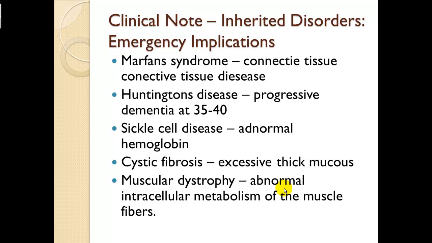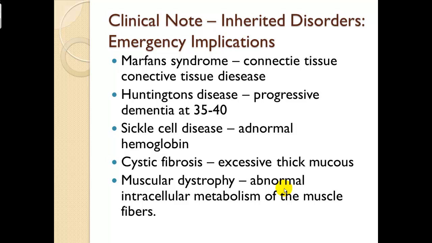Clinical note, inherited disorders, emergency implications, and these are some of the things that we can actually inherit. Genetic malformations. Marfan syndrome, which is a connective tissue disorder. Pretty sure that Abraham Lincoln had Marfan syndrome. Arms are longer than they are tall. So if you see somebody whose arms are dragging down around their knees, they may have something called Marfan's.